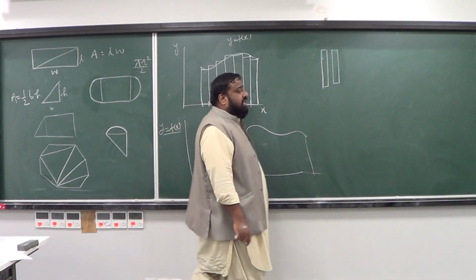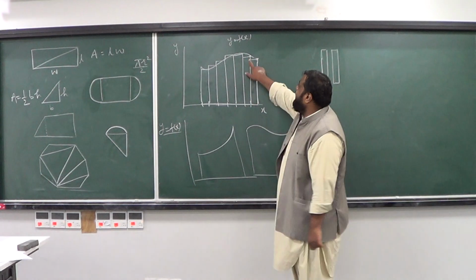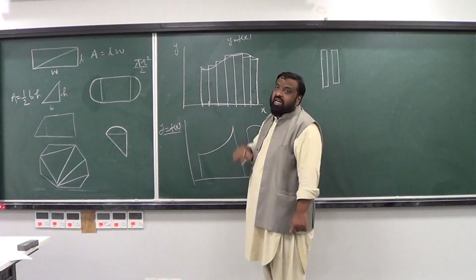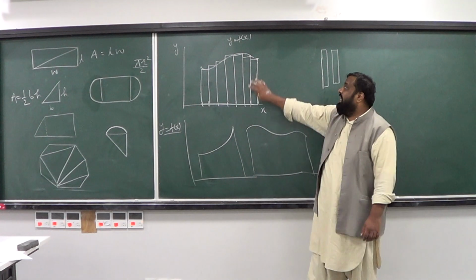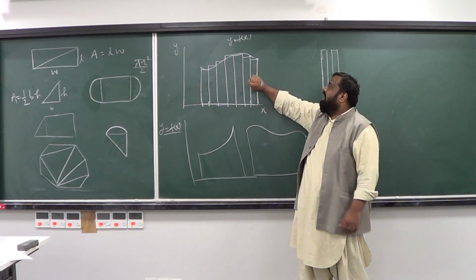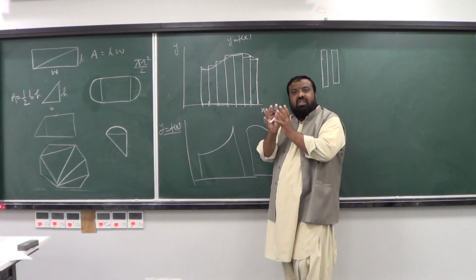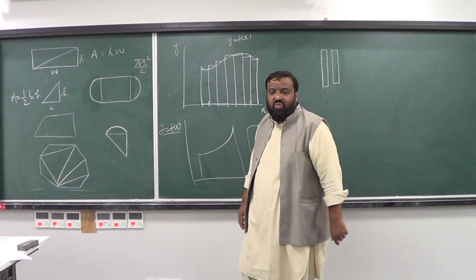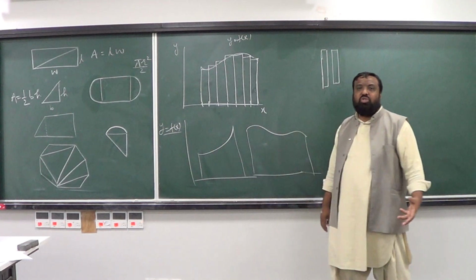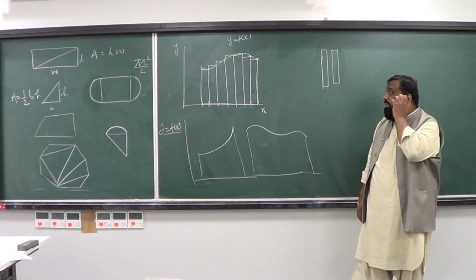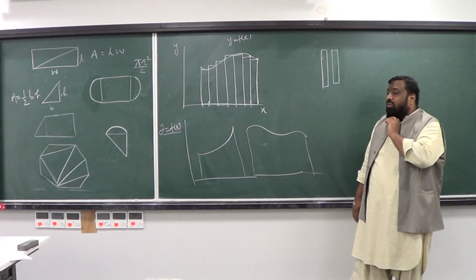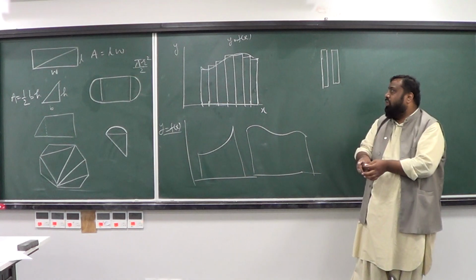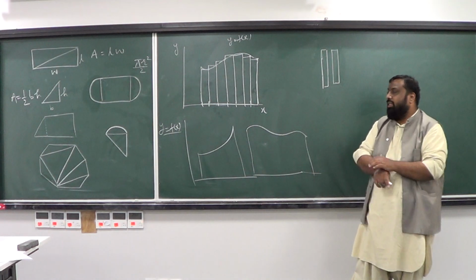What should I do with these rectangles so that these unfilled areas or overfilled areas, this error, we can minimize? So what should be done? You may think about it for a minute, and then we can move on to different parts.